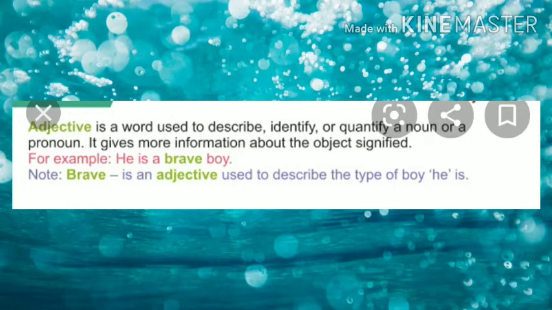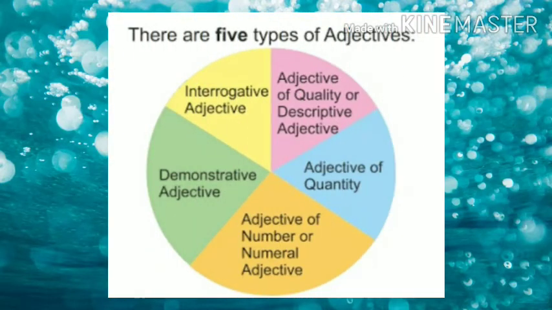Now let's see the five major types of adjectives. There are many types of adjectives. We separate them in many ways, but basically we have only five types.